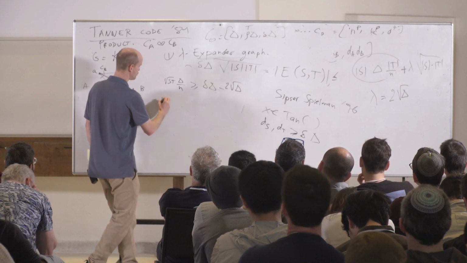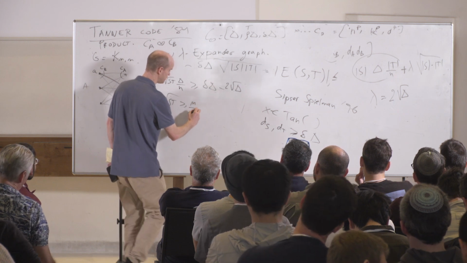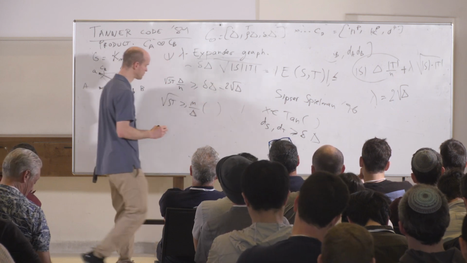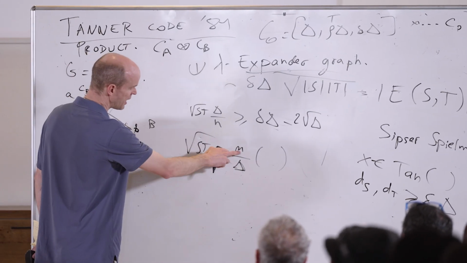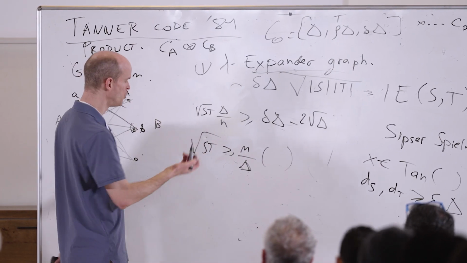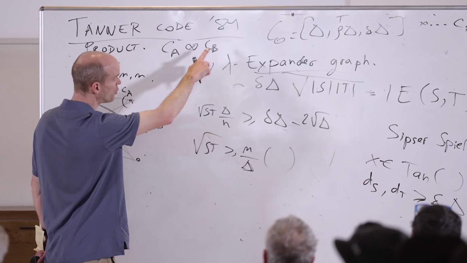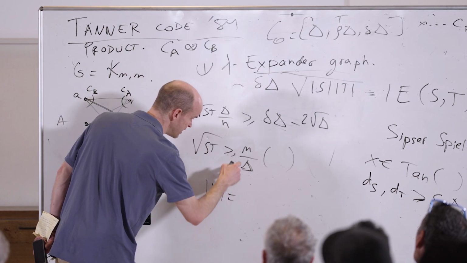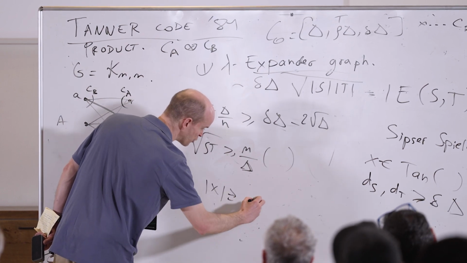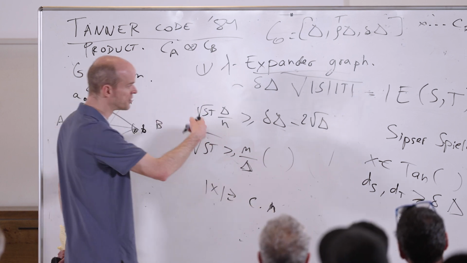So square root of st is at least n over delta times this quantity. So both S and T have size at least linear in n. So if you take any non-zero codeword X in this Tanner code, the weight of X is at least some constant times n. And this proves that these codes are good.